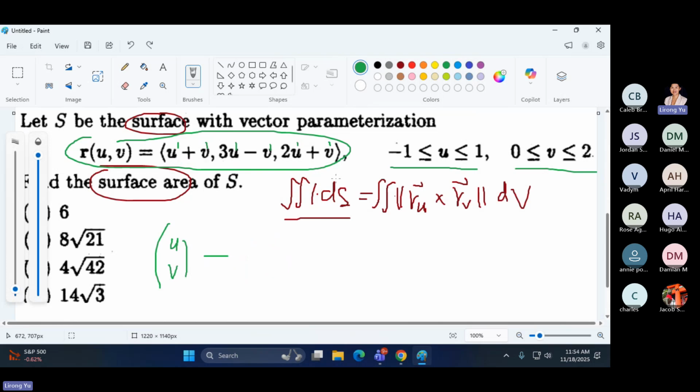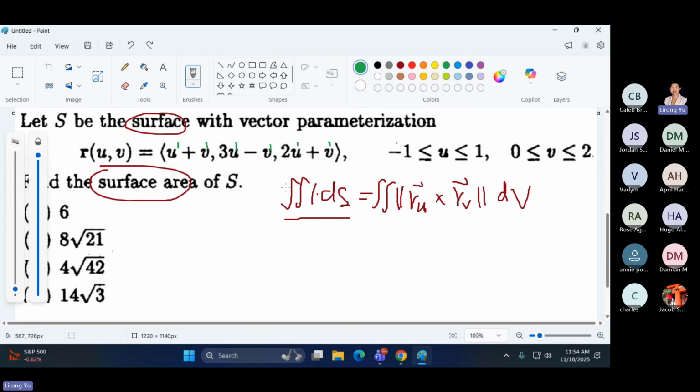So I'm just saying, from the double integration perspective, that's a rectangle. So rectangle, and this is all linear. That means we are looking at also a rectangle, but we don't know the size of that rectangle.